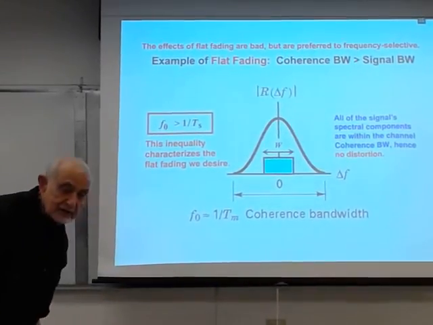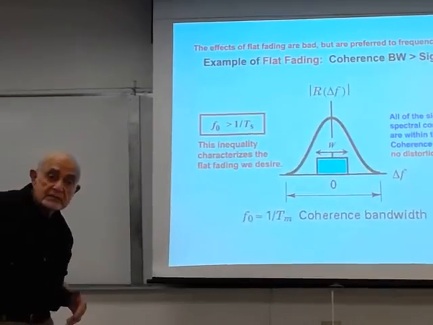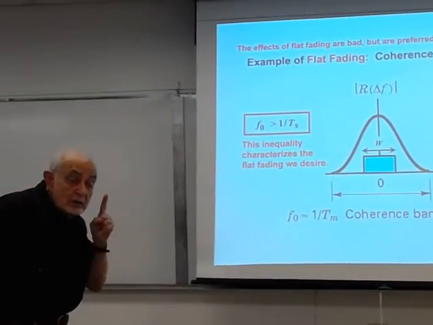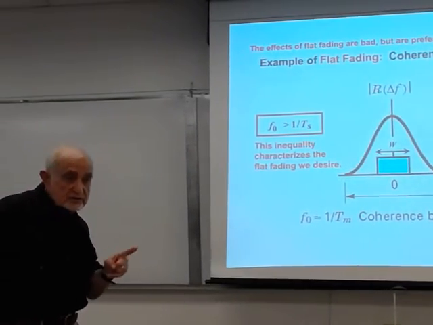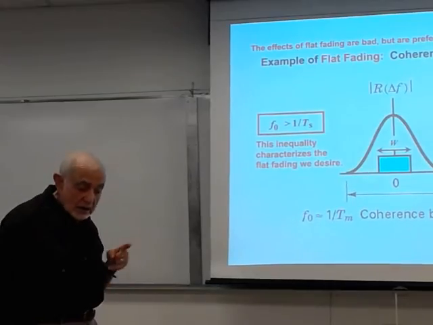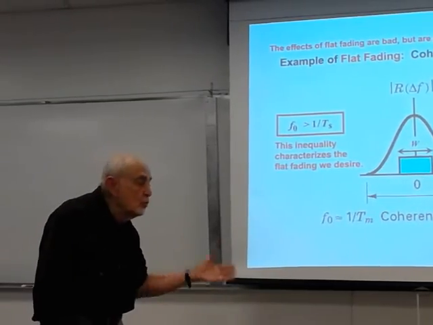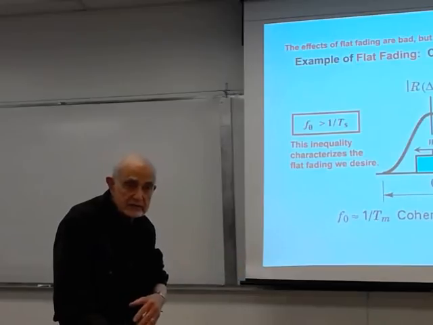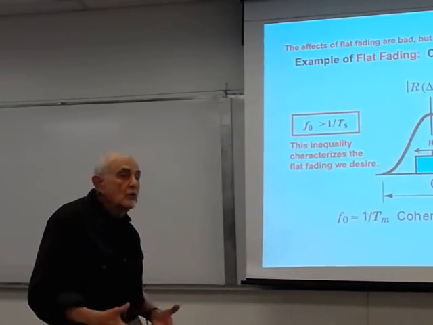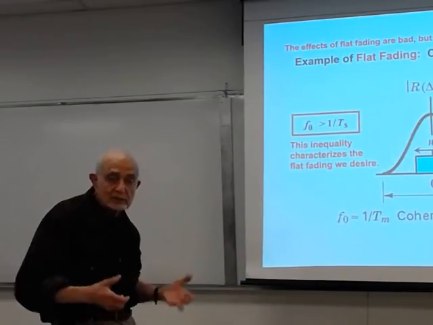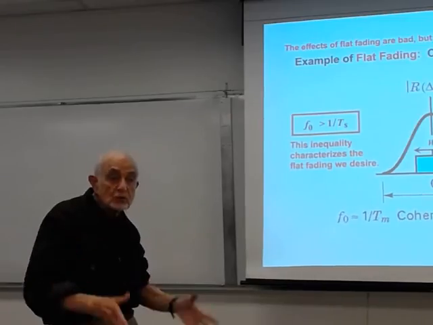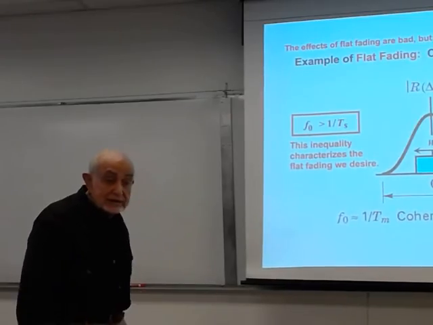And so flat fading is bad because simply fading is bad. But without distortion, it's not horrible. See, if it's just bad, it means more Eb/N0 can always take care of it. More power can always bring it, a scaling can bring it back up again. But if it's been distorted, it's more than a scaling.